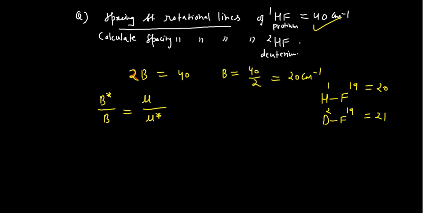Now if you take the reduced mass, how can we calculate it? It is m1 multiplied by m2 divided by m1 plus m2, so 1 multiplied by 19 divided by 1 plus 19. This should again be divided by the value for the heavier isotope, that is 2 and 19, so you write 2 times 19 divided by 2 plus 19.